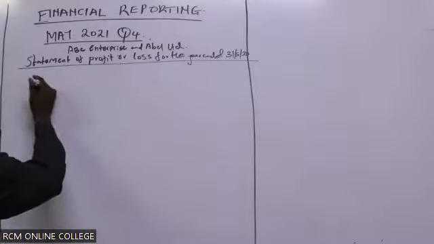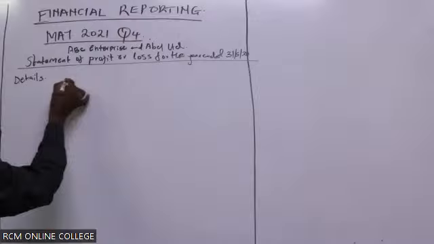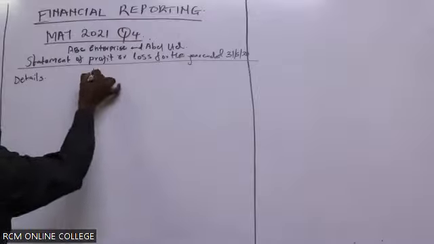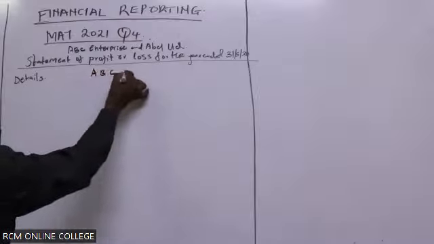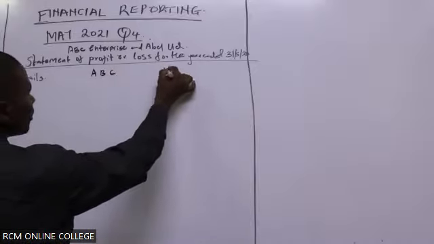Therefore, we can draw this in columnar form since it's happening half yearly. So we can have details, ABC Enterprise, and then ABEL Limited.